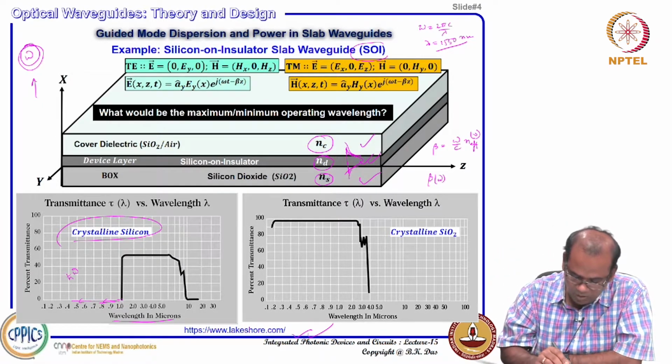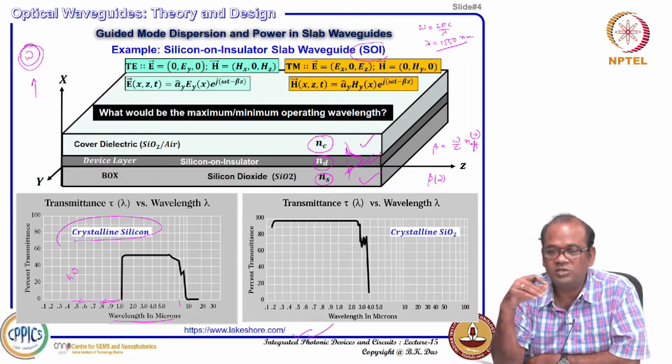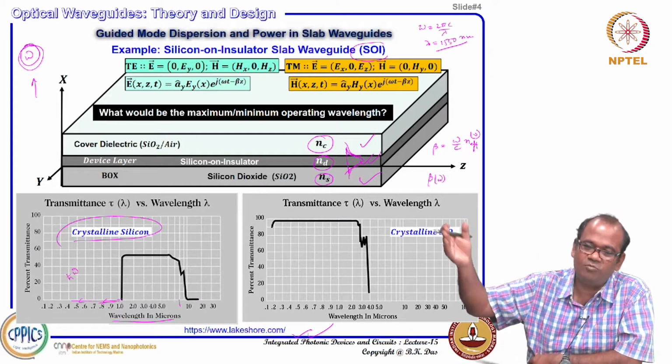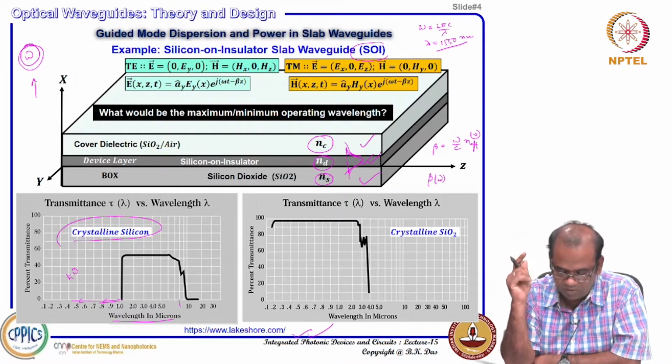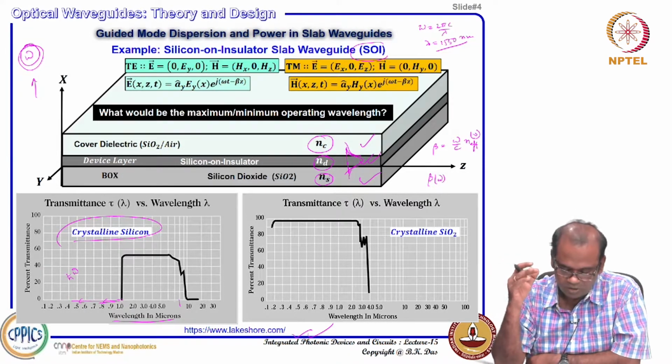But from 1.1 micron to almost 9 or 10 micron wavelength, this is the broadband transmission. So, starting from 1 micron to almost 9 or 10 micron wavelength, silicon is transparent. Okay, so this is a good part.